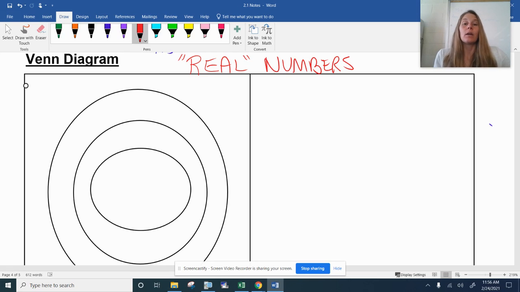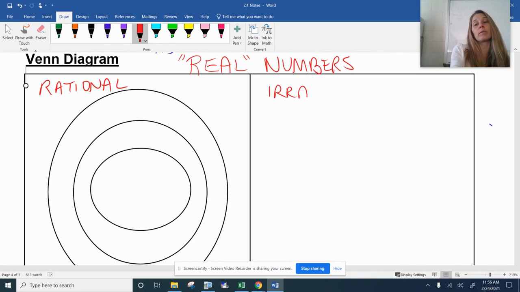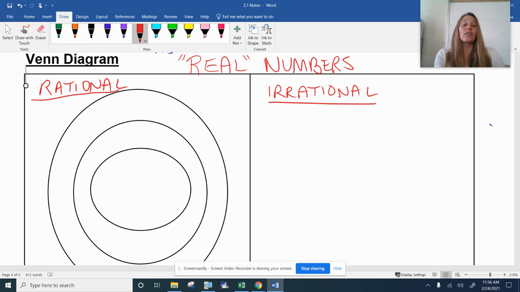So every number that's real is also either rational or irrational, okay? Now, if it's irrational, that's it. It's just an irrational real number. It cannot be classified as anything else.